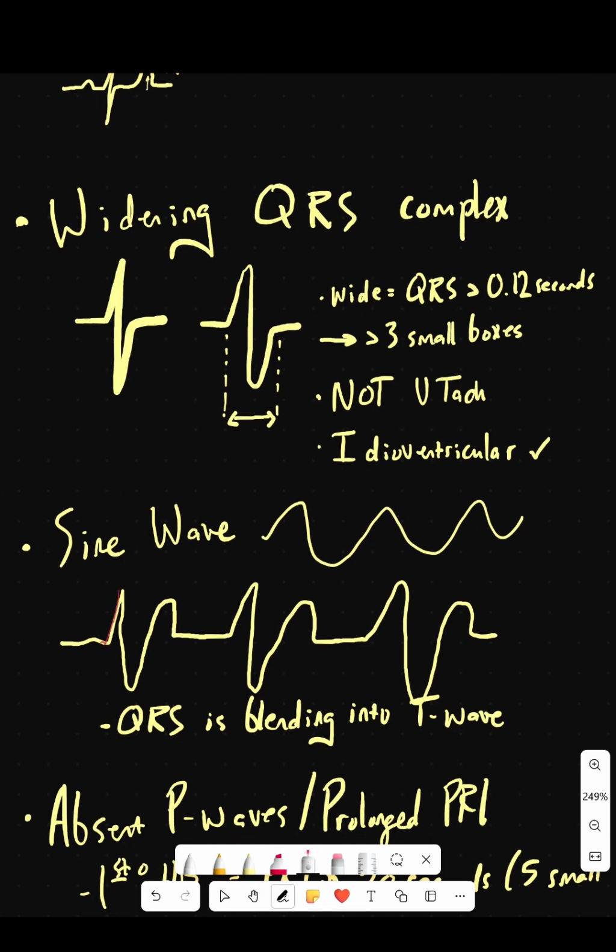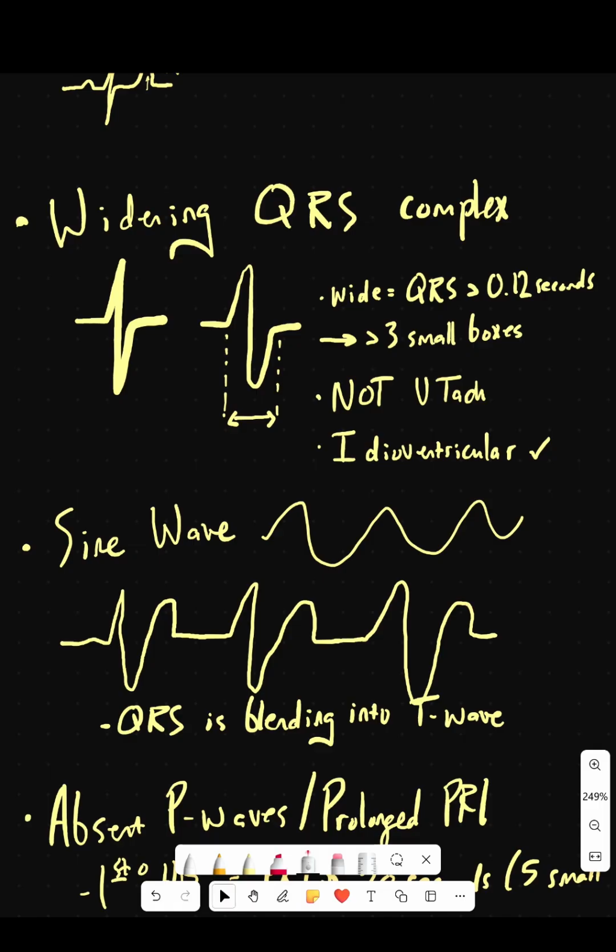And as it widens, it's going to become so wide that it will kind of morph into the T wave, and they will become one kind of uniform, large, dominating wave. All right, this is very dangerous, and again, a lot of the time is associated with bradycardia.